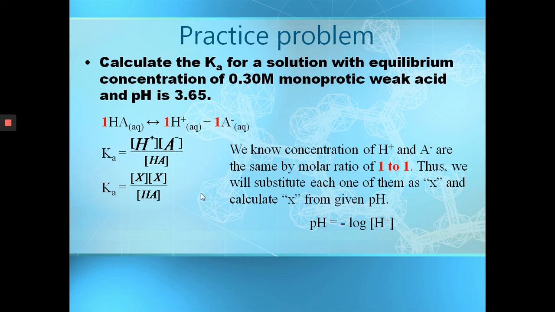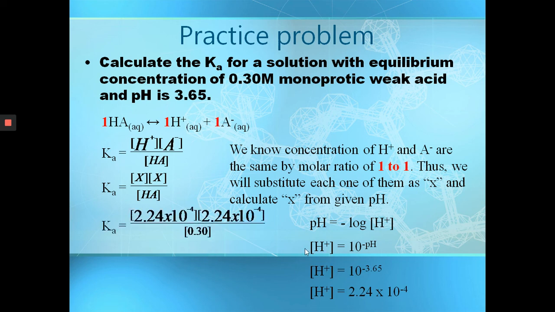Now, since we are given the pH this time, I'm going to use the pH level to go backward and calculate the hydrogen. So I'm going to use this formula that we already know. The concentration of hydrogen is 10 to the negative pH power, which is 3.65, and I find the concentration is 2.24 times 10 to the negative fourth power.